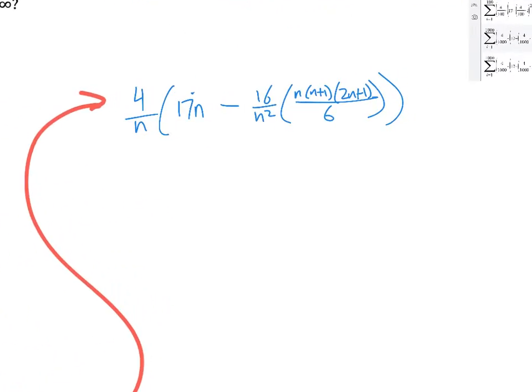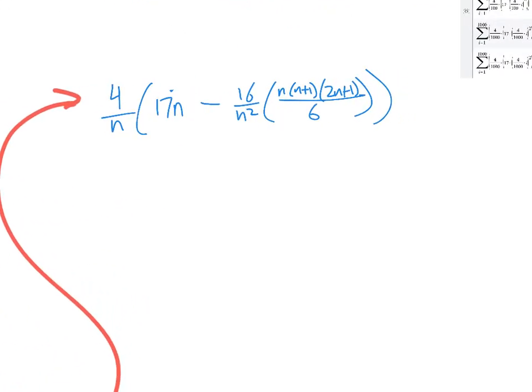We want to clean it up because we're going to need to find the limit. So let's distribute this here, and at the same time we'll make one fraction. So we got 4 over n times 17n. Well, those n's are going to cancel here. 4 times 17 gives us 68.